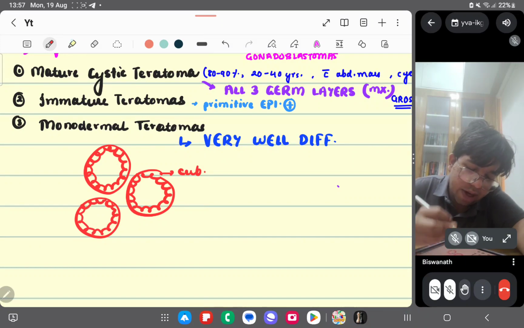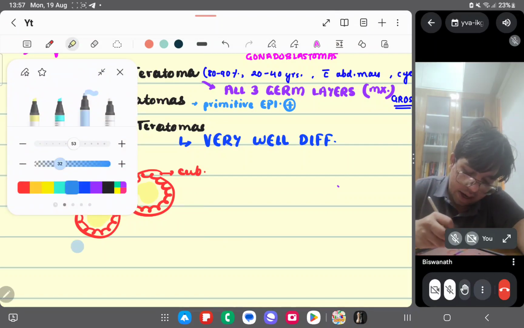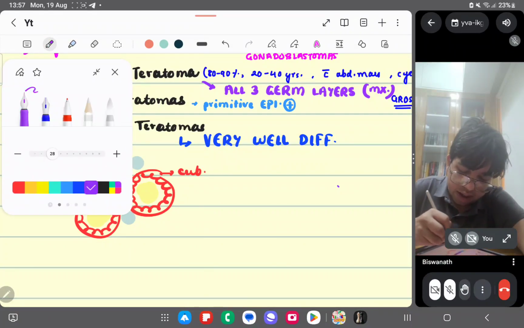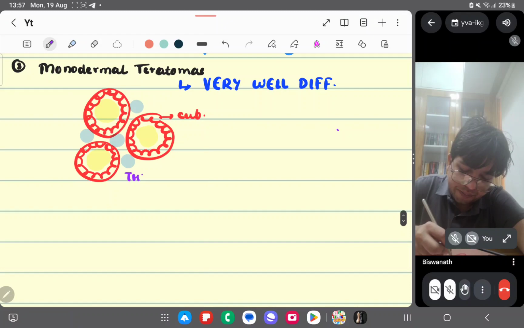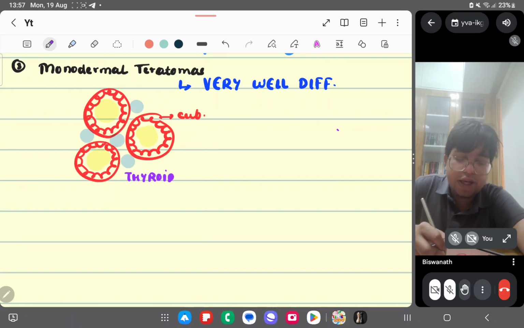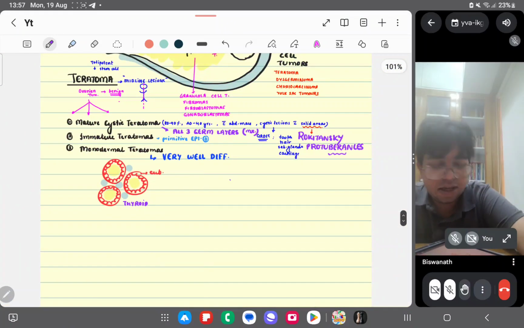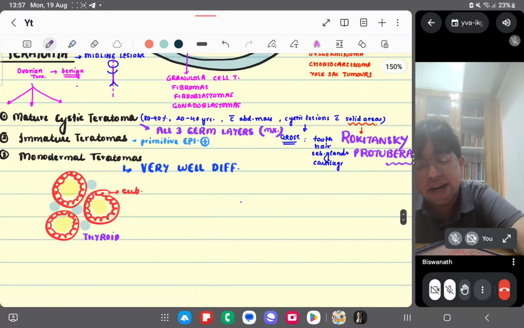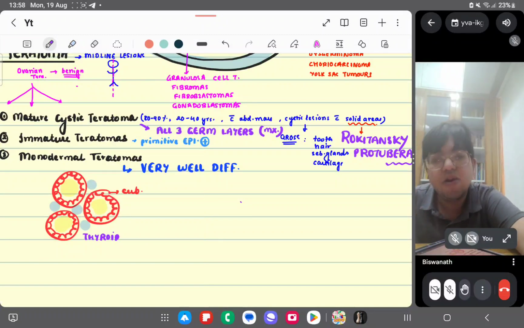I'm drawing the normal histology of an organ. Can you say which organ this is? Here we have the parafollicular cells. I said parafollicular cells, so this appears like thyroid, right? So if we see the monodermal teratomas, they somewhat appear like the thyroid gland. In the microscopy, most commonly they involve the thyroid component.